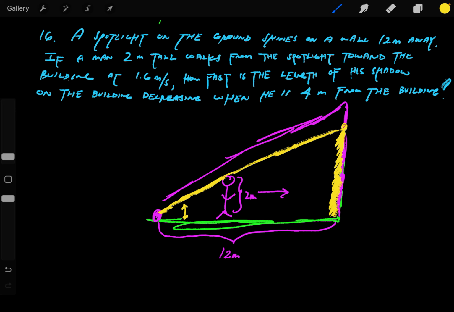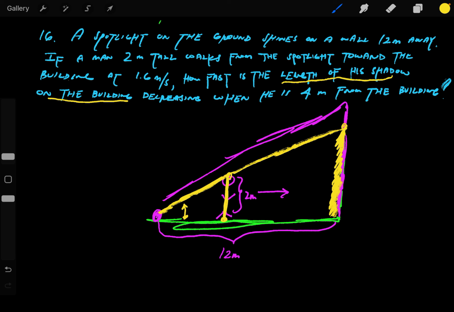You have to think about what quantities are really related here. So I want to come up with first a formula relating the length of his shadow on the building with his height, which is 2 meters, and I suppose how far away he is from the building, or how far away he is from the spotlight, which is the same thing.